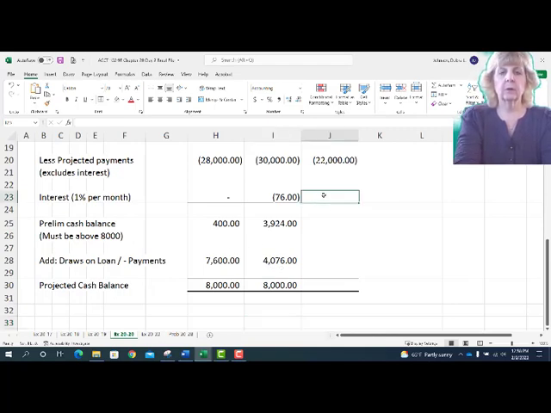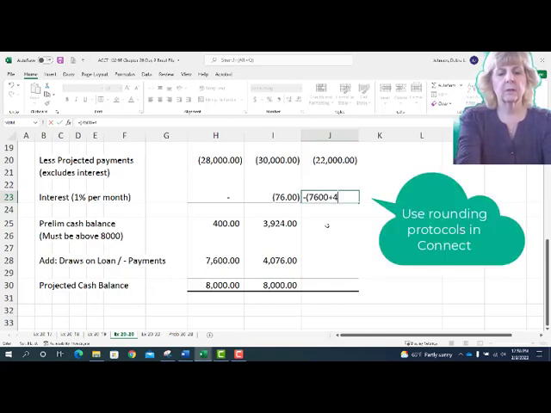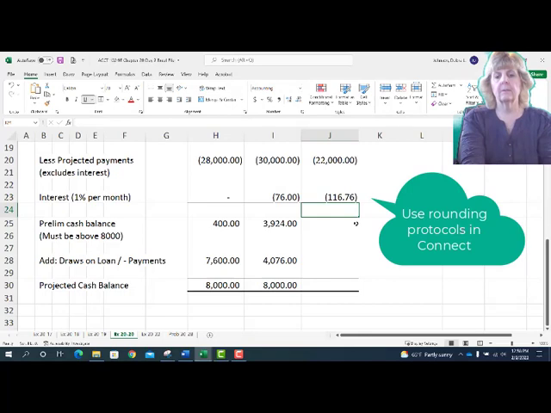So we might as well go up and put in that loan payment. I'll go ahead and calculate my loan balance. It is $7,600 plus the $4,076 that we just drew against it times 1%. I'll go ahead and fill that payment in. I believe they had you rounding to the nearest whole dollar.